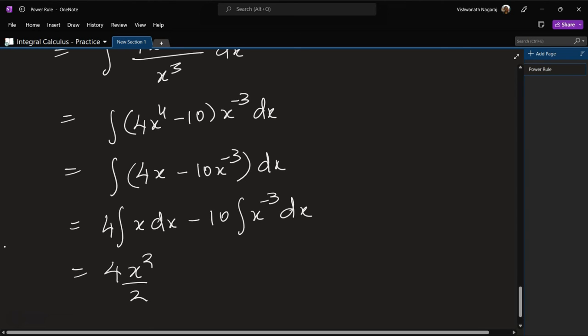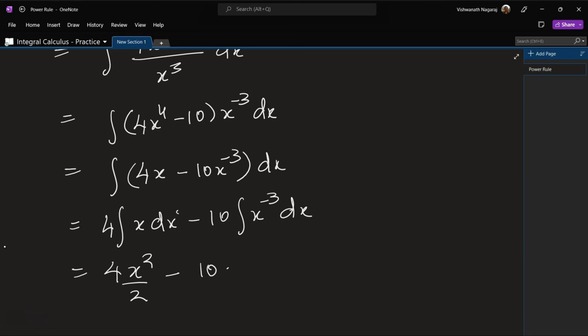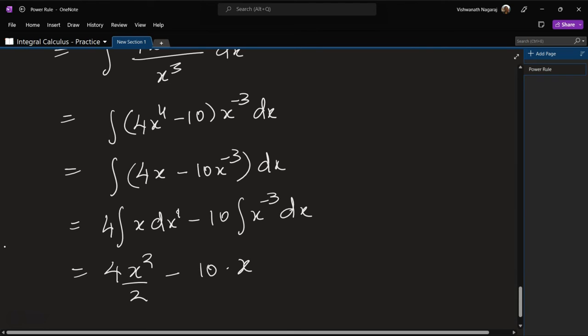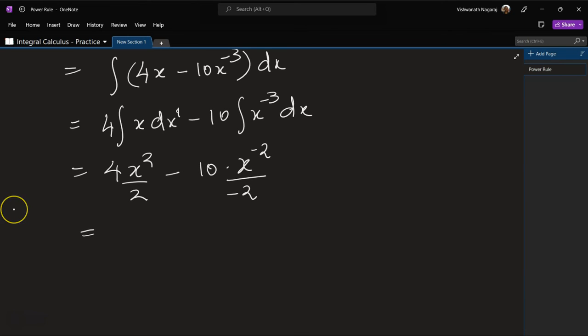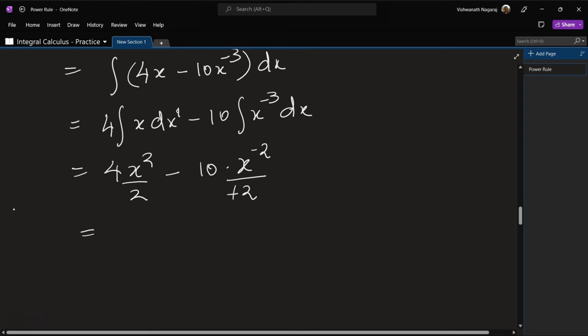4x square by 2 minus 10 times. Here, remember, we are adding 1 to the power. So here it was 1. We added 1, so it became square. So here also we have to add 1. So when we add 1, what happens? Minus 3 plus 1 gives us minus 2. Why minus 2? Just be careful with these negative signs. So here you have negative, here you have negative.